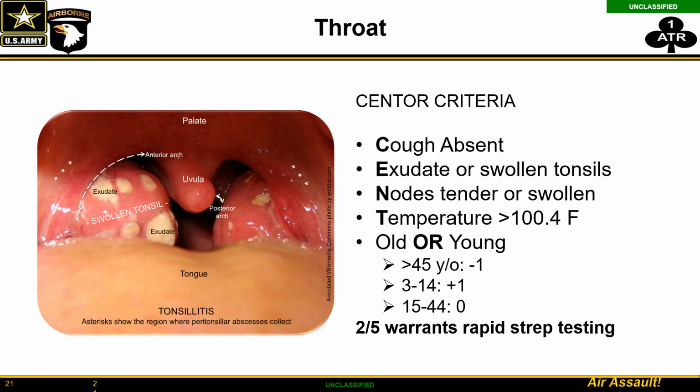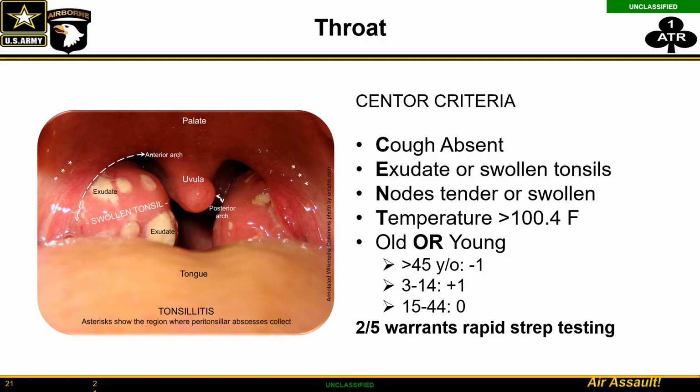One other thing to note: if somebody has exudate and tonsils that absolutely look like strep, but they're negative on the rest of it, something else to think about is mono. Mono is a very interesting illness. I would highly recommend that you take some time to look it up and read about it. They will typically have exudates on their tonsils, and they may or may not have swollen lymph nodes.